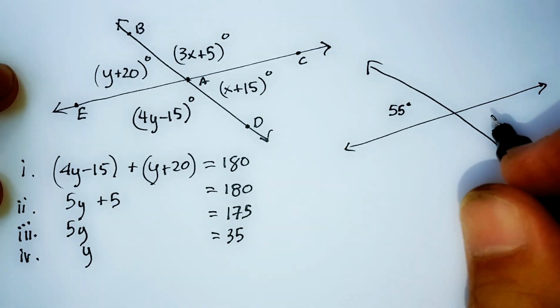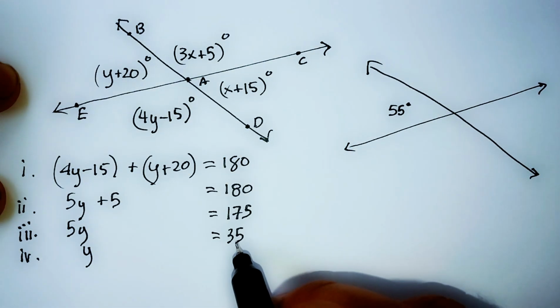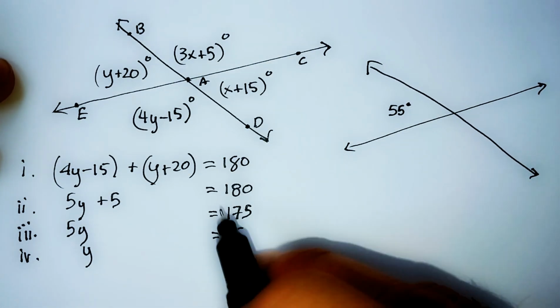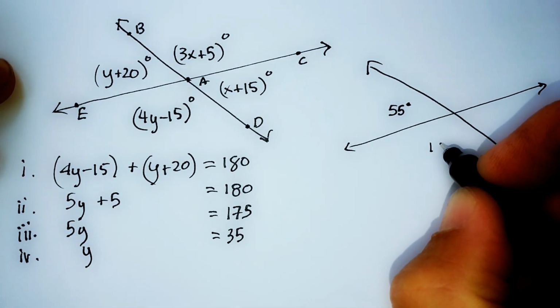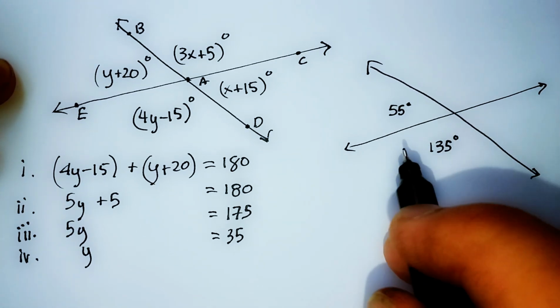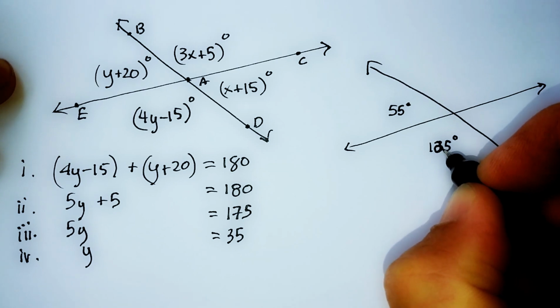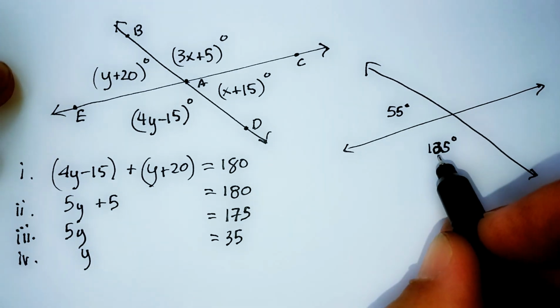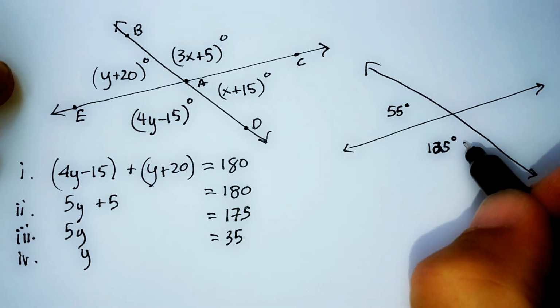I know that this angle is 4 times 35, which is 140, minus 15 is 135. I also know it's 125, sorry, because 55 and 125 is equal to 180.